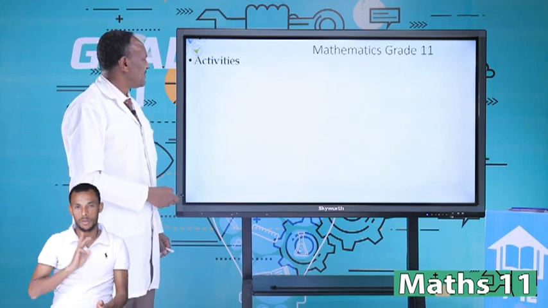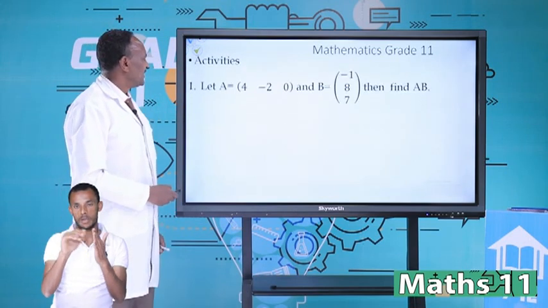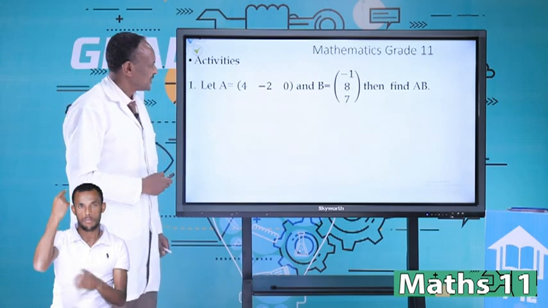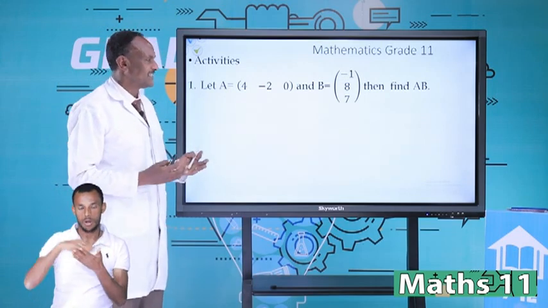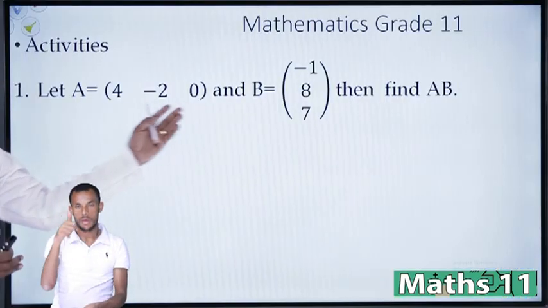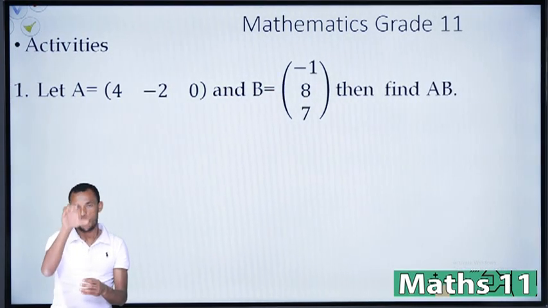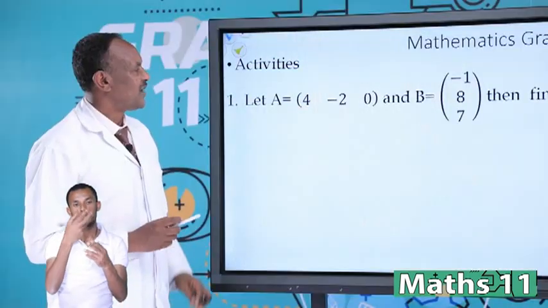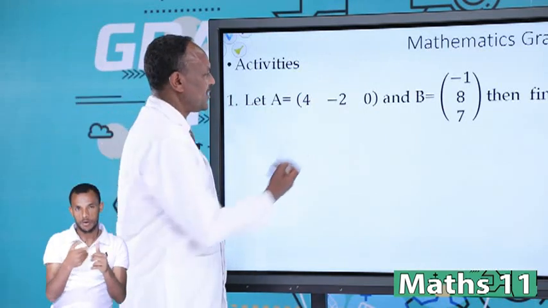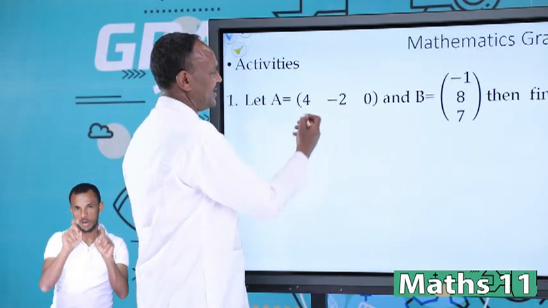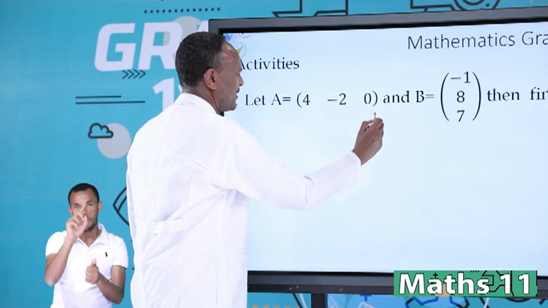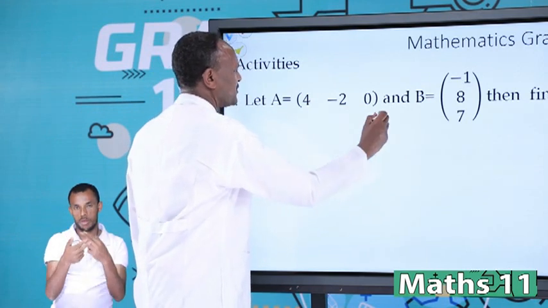We can see some activities. In the previous discussion about matrices, A is a row matrix and B is a column matrix. What is the product? To find the product, first I will check the order of matrix A. It has only one row and the number of columns is equal to 3.